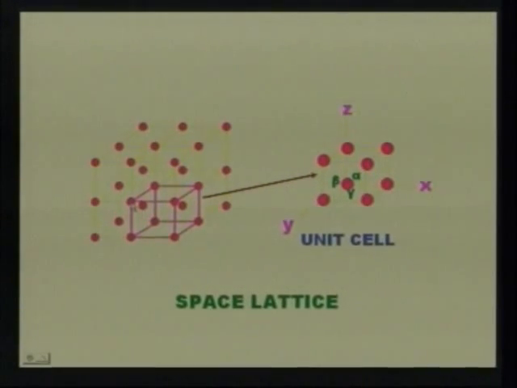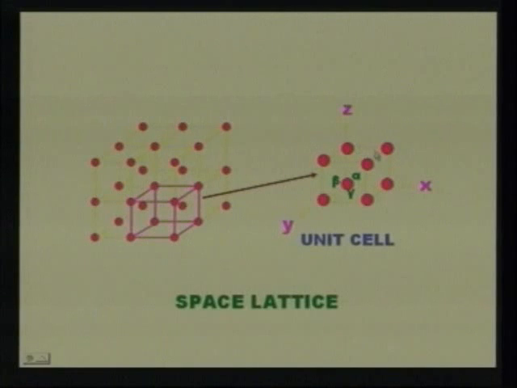See, in every corner there are atoms arranged in an orderly manner. You can see here there is a unit cell. Here the unit cell is in three axes, say x, y and z.